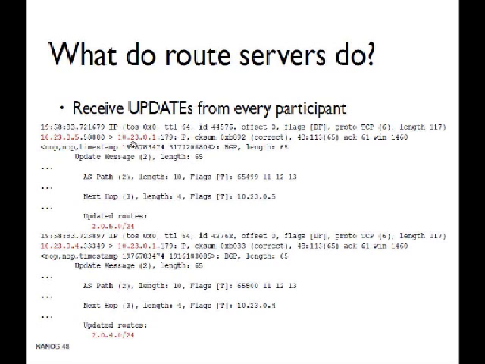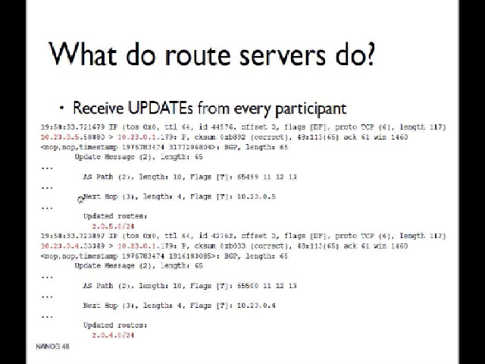All right, so we have a route server on 10.23.0.1, and we have another peer connected to it, .5, and another one, .4. And both of them send me a normal BGP update to the route server announcing their prefix.